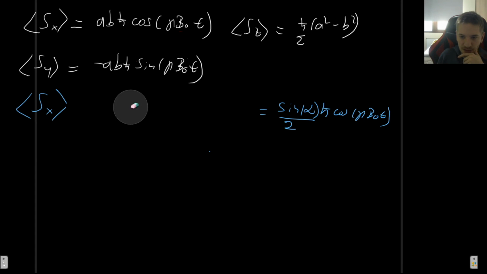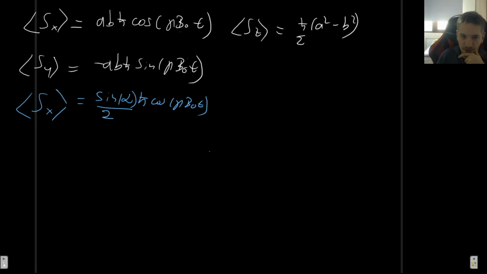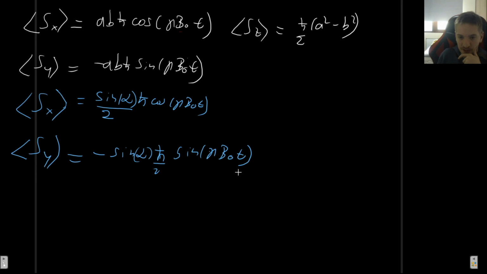So this is another way in which we can write this, just in terms of this angle that we found. And in the case of Sy, it's actually going to be the same, but with a minus sign. So we get minus sine of alpha h bar over 2, times the sine of gamma b0 t.